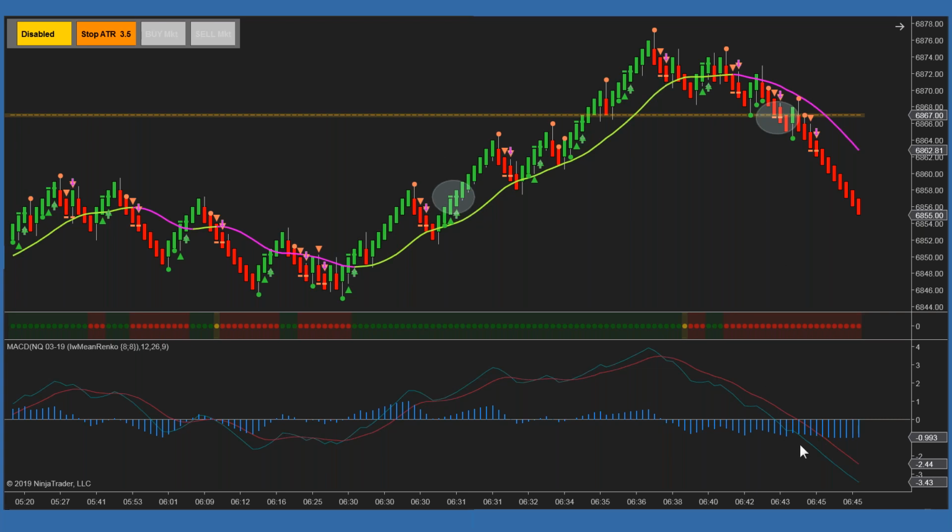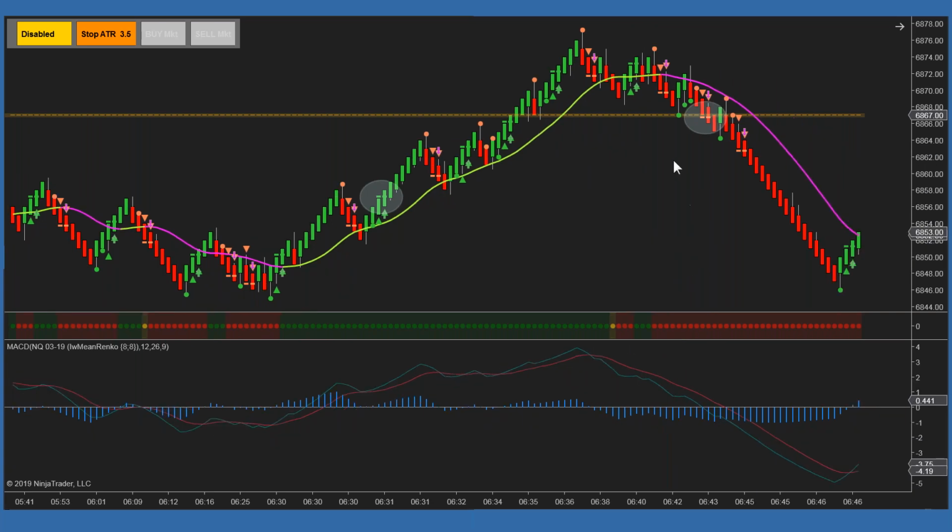You could be in pretty good shape so far, especially if you were using your MACD to manage your trades. You might have been able to maximize some of the profitability on these swings, on these big moves. Your day could essentially be done, and you'd only be about 15 minutes into your day.